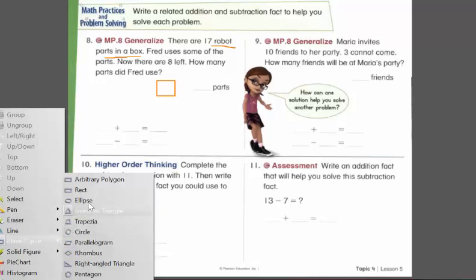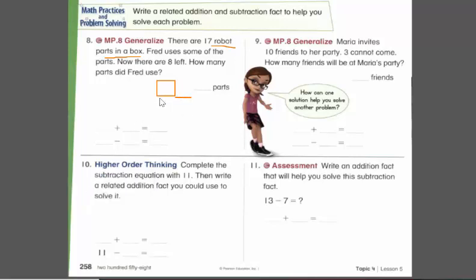So what is the whole now for our math story? We have 17. 17 is the whole. Fred uses some of the parts. When I see the word some, there is a missing part.